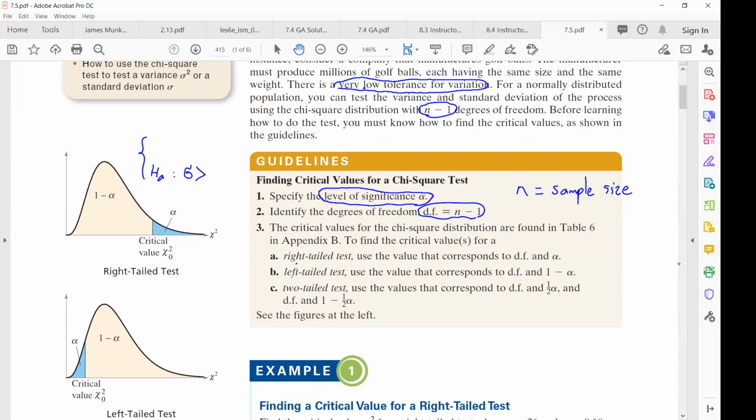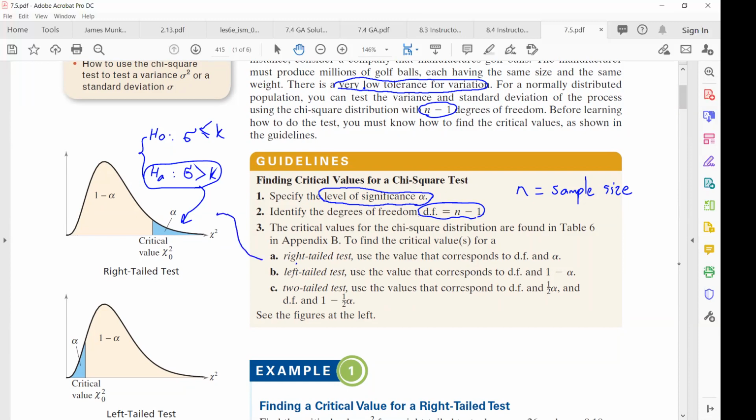The alternative hypothesis: standard deviation is greater than k. So the null hypothesis is the opposite: standard deviation is less than or equal to k. Because your alternative hypothesis is greater than, there is no equality here, so you shade the right-hand side. And you have a right-tailed graph.